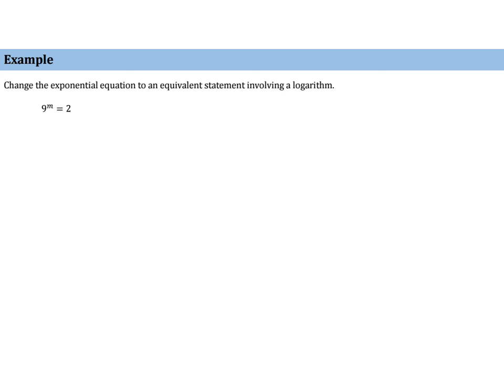Likewise here, we're going to write log. What's the base? The base is going to be the same as what you see in the exponential. And log base 9 of something equals the exponent. Log base 9 of 2 equals the exponent.